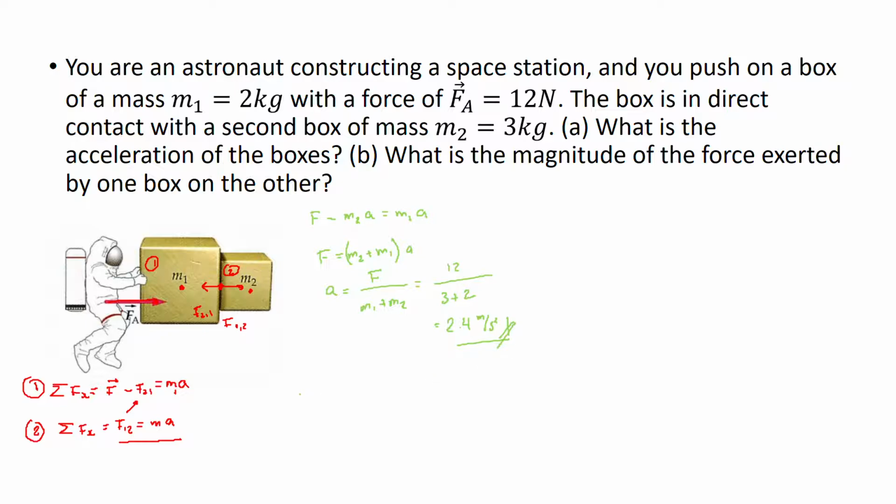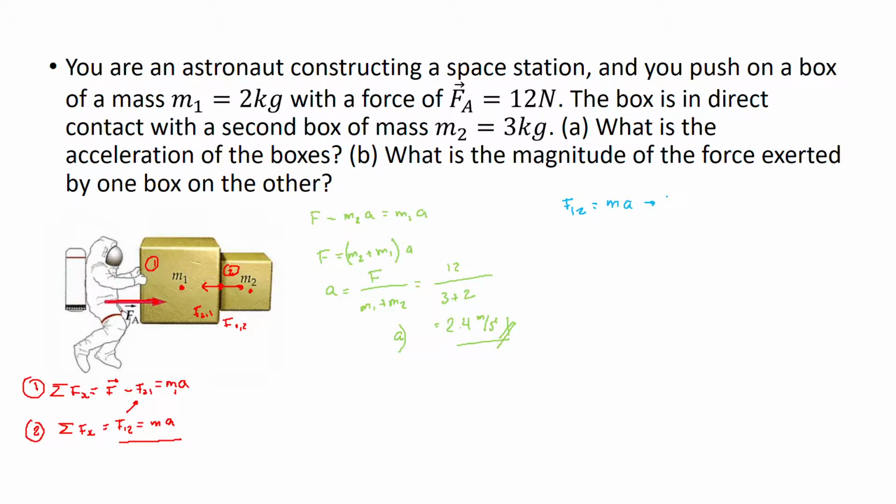So there you are. Now that's part A. Let me just write it here. For part B, let me change colors to blue. We now just need to know the magnitude of the force on the box. We know it from the second equation: the force of 1 on 2 is going to be the mass times acceleration.